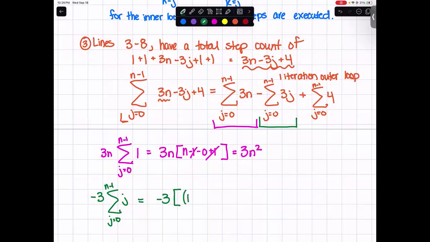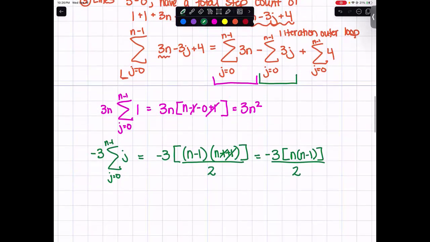So here our n is n minus 1, times n minus 1 plus 1 over 2, which is going to be minus 3n times n minus 1 over 2. And I'll just leave it like that for right now. That's fine. We don't have to break it down any further than that.